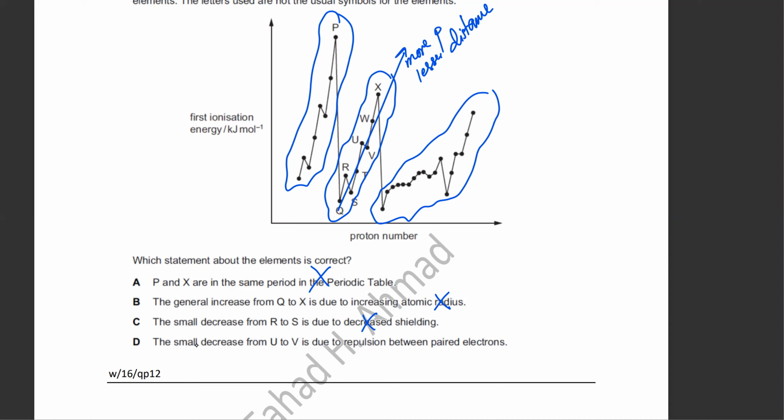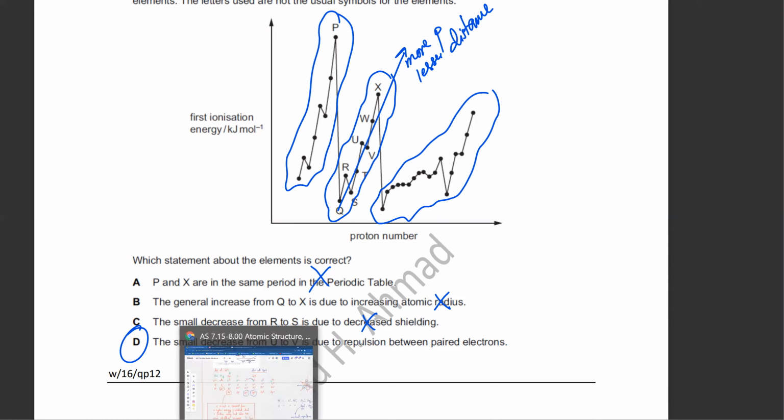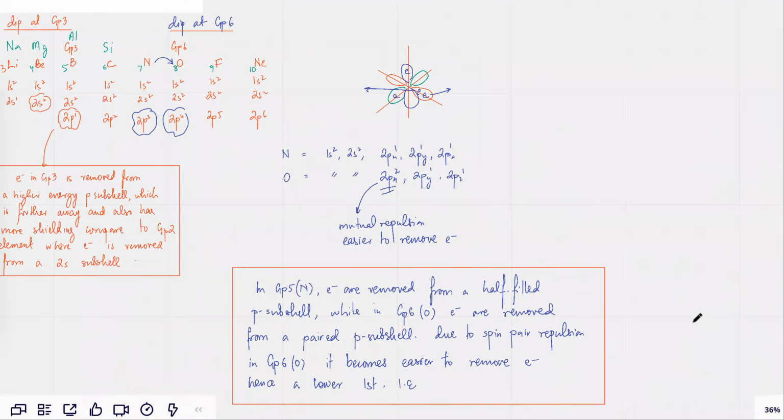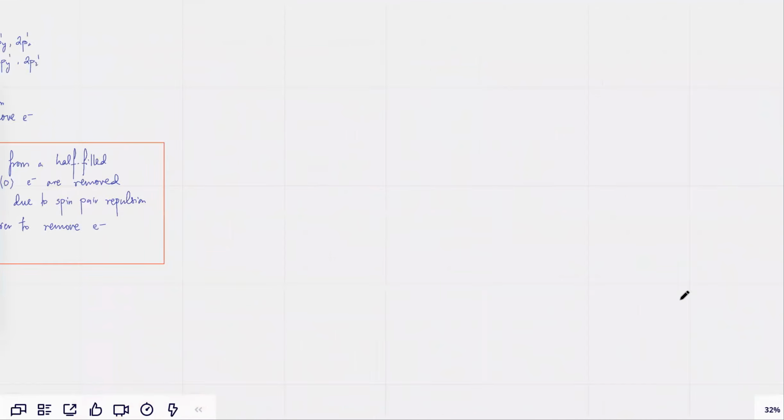The last one is going to be correct. Hopefully, it's correct. The small decrease from U to V is due to repulsion between paired electrons. So U to V, that's group 6. This is group 6. 1, 2, dip at 3, 4, 5, and then there's another dip at 6. So why is there a dip at 6? Because you've got paired electrons and they repel.